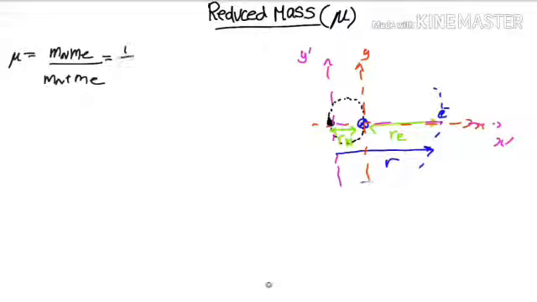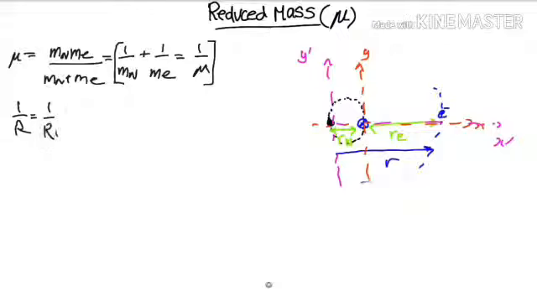This can also be written as 1 over Mn plus 1 over Me is equal to 1 over mu. You can notice that this equation is similar to 1 over R is equal to 1 over R1 plus 1 over R2. This is similar to two resistors connected in parallel.